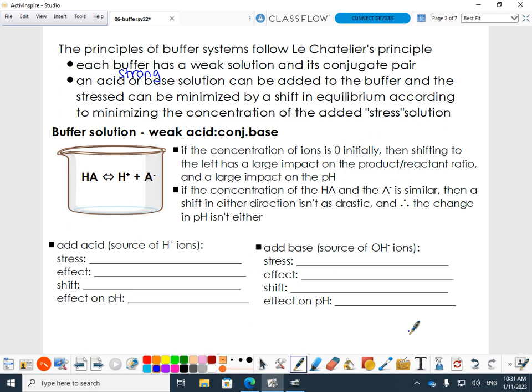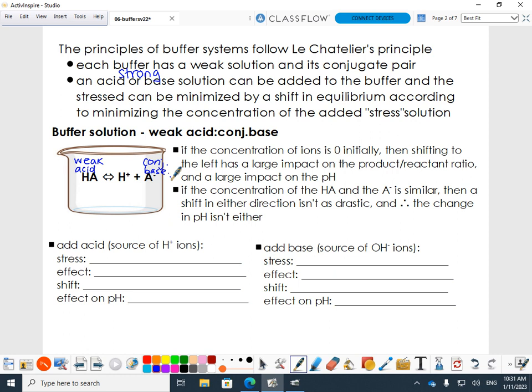So when you have a buffer, you have the weak acid and its conjugate base. So unlike yesterday, the initials will not be 0 in our ICE table.